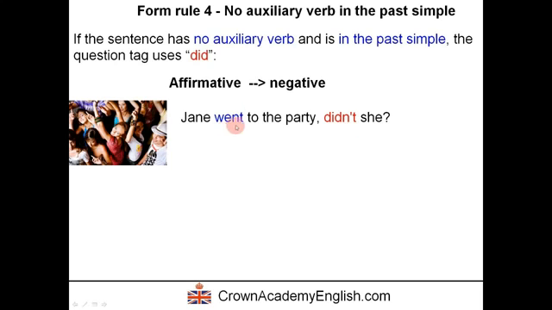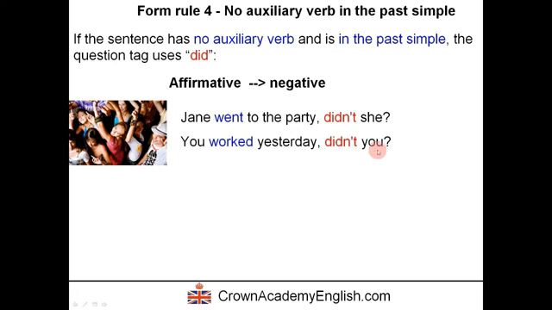So here we have went, and this is the past simple of go, and there's no auxiliary verb. So in the question tag we use did, didn't she? And this is in the negative because this is in the affirmative.